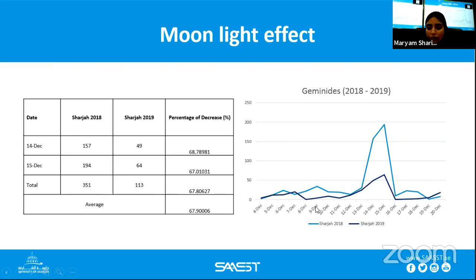So less meteor observation. The light blue shows the 2018 values, while the dark blue is for 2019. As you can see, there is a huge difference, and that's because of the moon phase, which in 2019 was a full moon during the peak period.